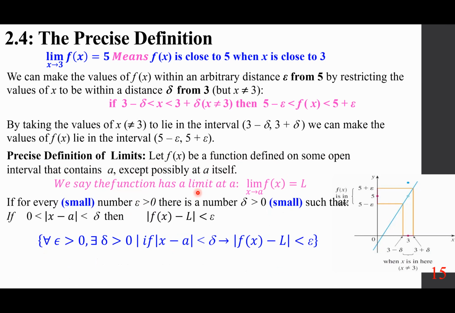We say that the function has a limit at a, and we write limit of f of x as x approaches a equals L, if for every small number epsilon larger than 0, there is a number delta larger than 0, again a very small number, such that if the absolute value of x minus a is less than delta, normally we say larger than 0, absolute value is anyway positive, worst case scenario is 0, so this is given in essence, then the absolute value of f of x minus L is less than epsilon. So that's a precise definition.